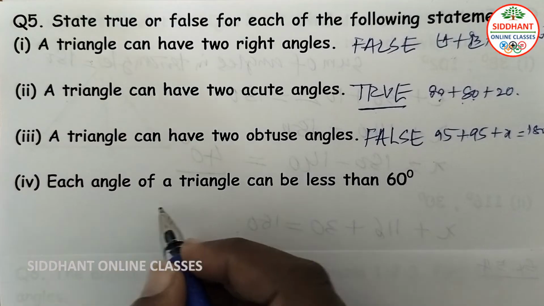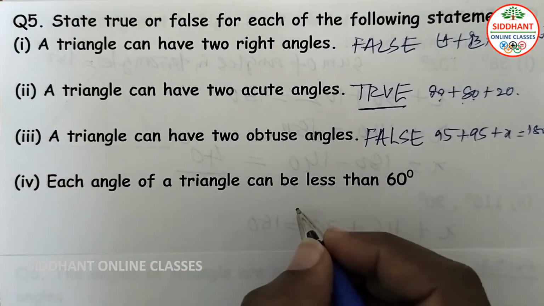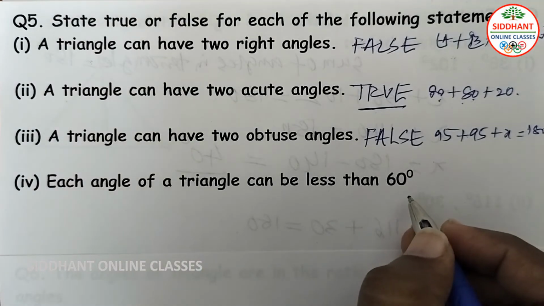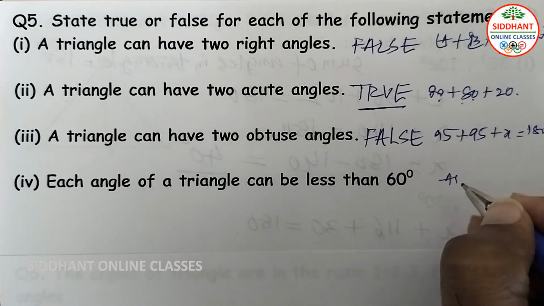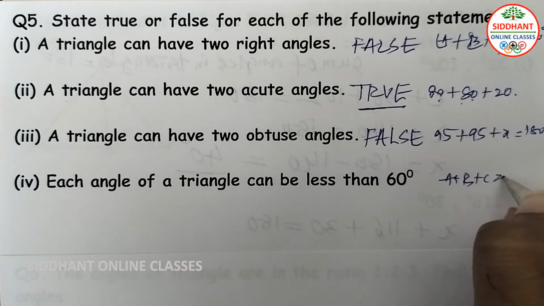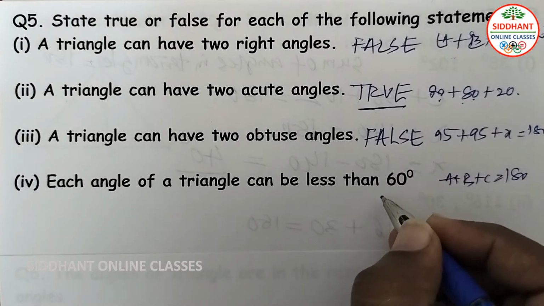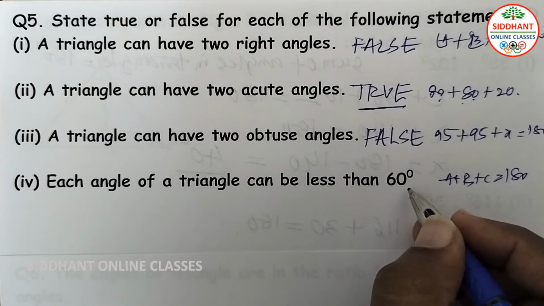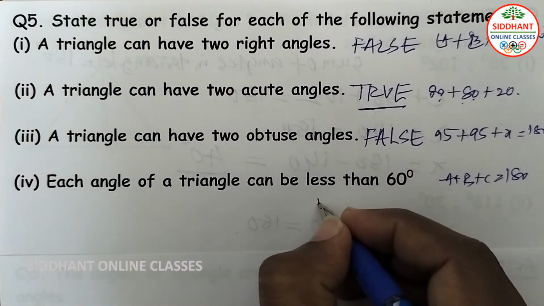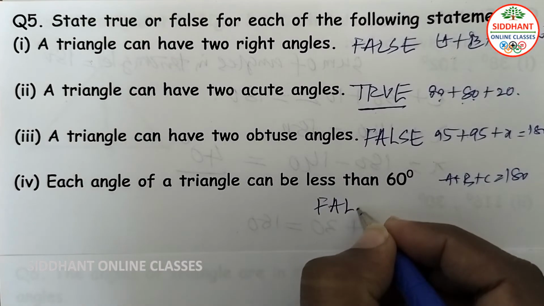Fourth one, each angle of a triangle can be less than 60 degrees. The sum of angles we know, A plus B plus C equal to 180 degrees. Is it possible to have each angle less than 60 degrees? The statement is false. It is not possible.